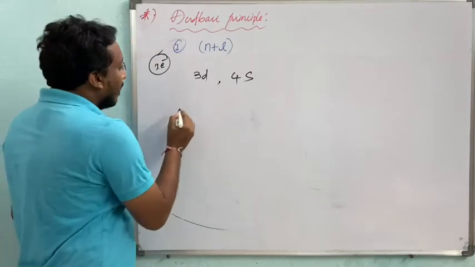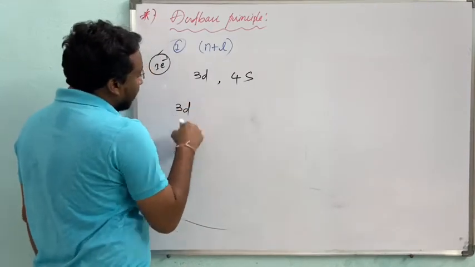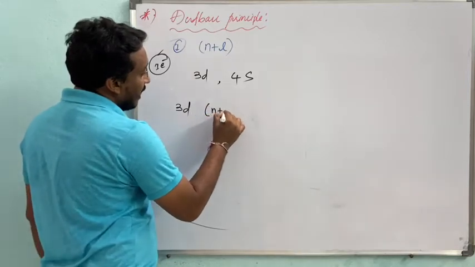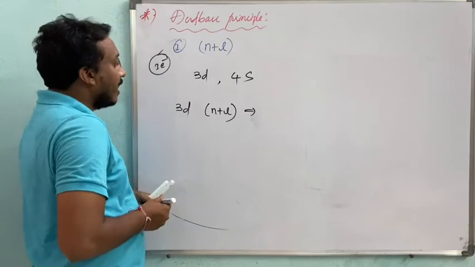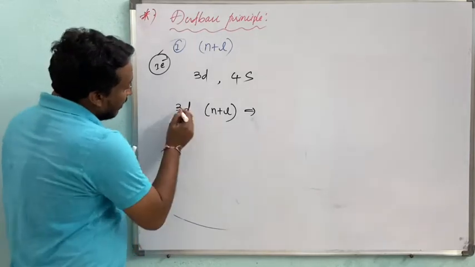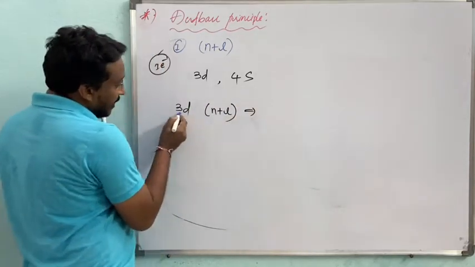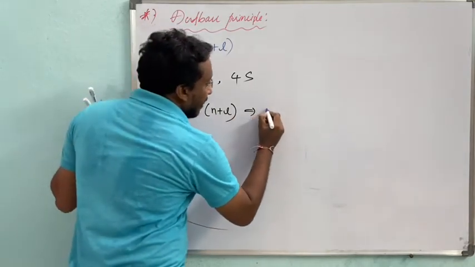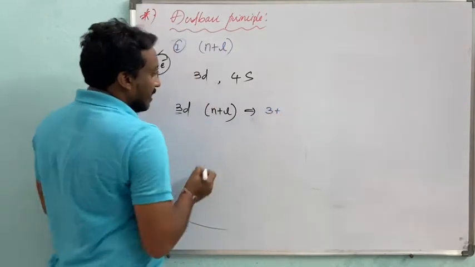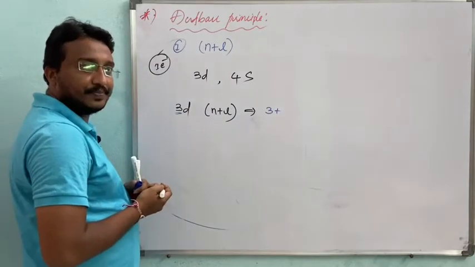Here, first we have to find the n plus L value of the 3d orbital. The n value is 3, n meaning the principal quantum number, plus the L value.